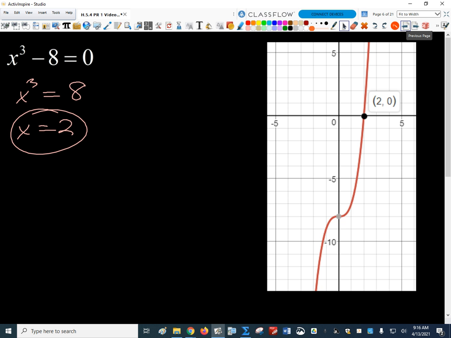So the moral of the story was, if I'm trying to solve any kind of equation bigger than quadratic, I can't just isolate the x anymore. I have to use factoring patterns to find all of the complex zeros, the ones that are non-real, the ones that have i's in them.